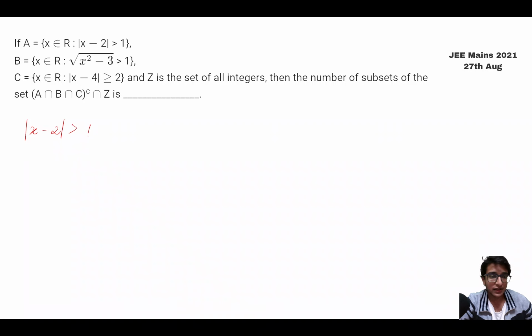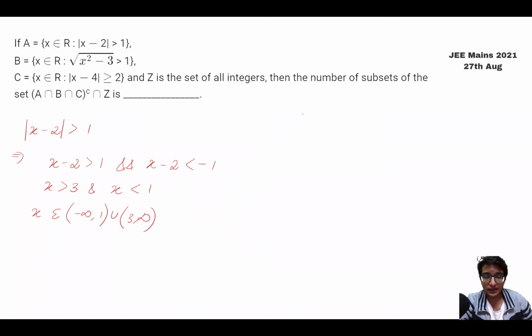So what can this be written down as? This one would become x minus 2 greater than 1 and x minus 2 less than minus 1. So from here what do we get? X greater than 3 and x less than 1. So from here we get x belongs from minus infinity to 1 union 3 to infinity.